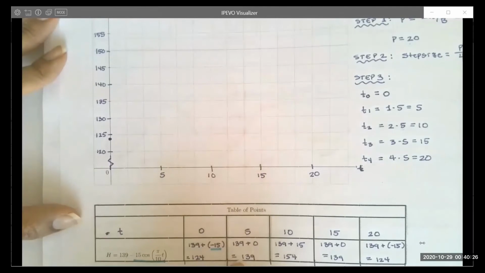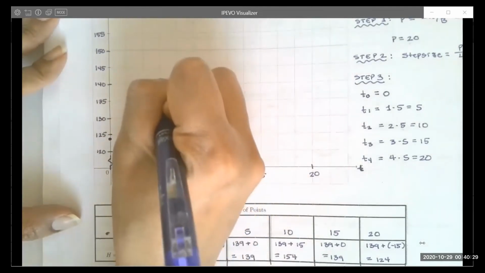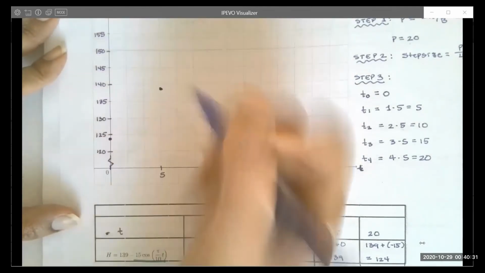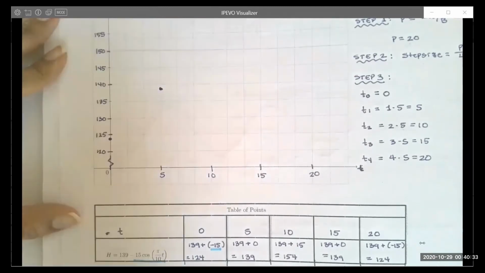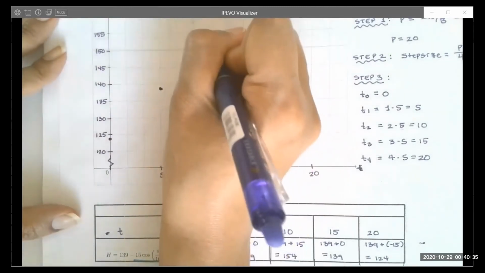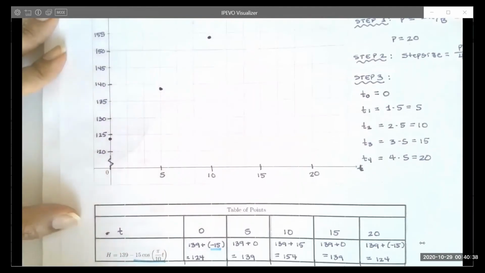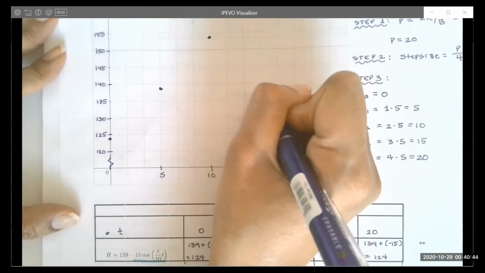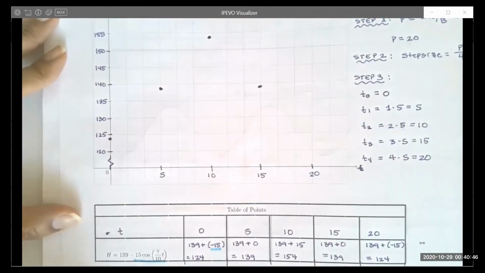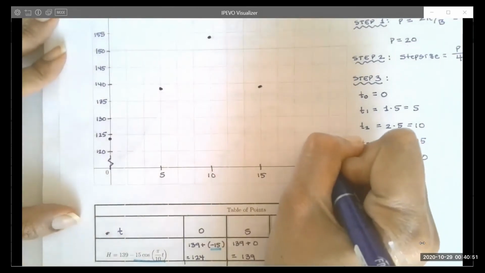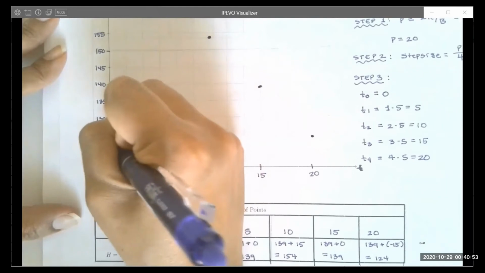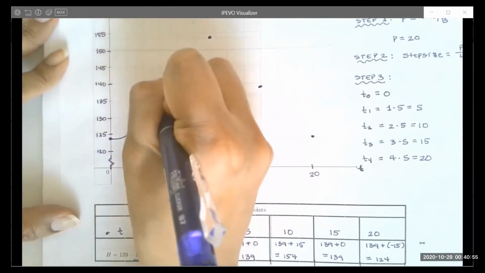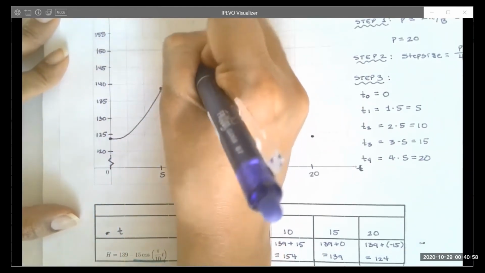Then 5, 139, that's approximately there. 10, 154 is approximately here. 15, 139 is approximately here. And 20, 124 approximately here. So because we know that cosine is curvy, we'll draw a curve.